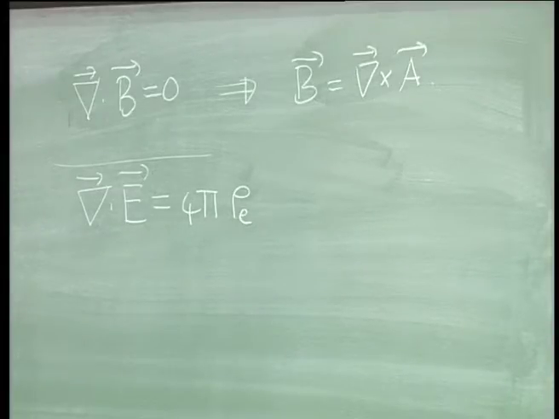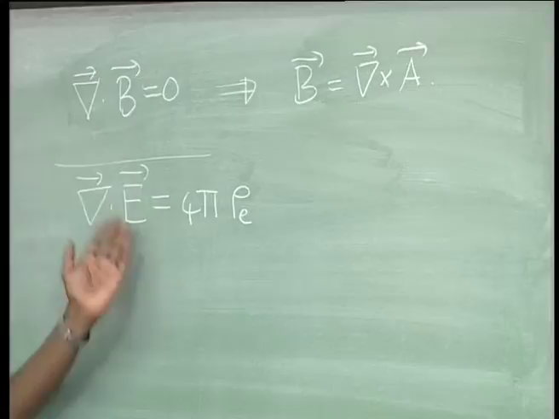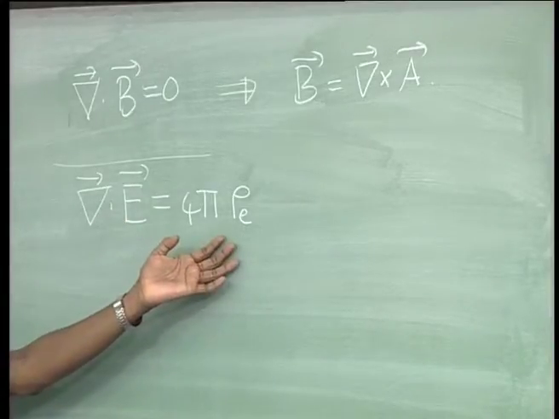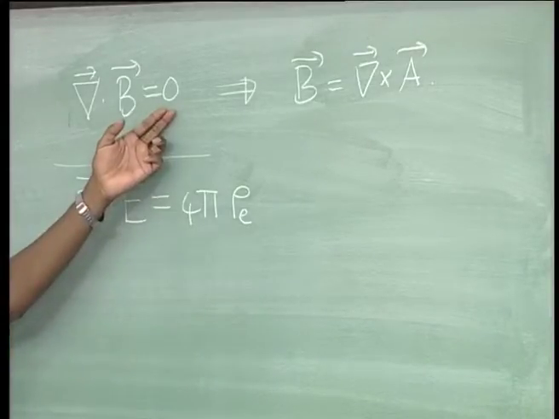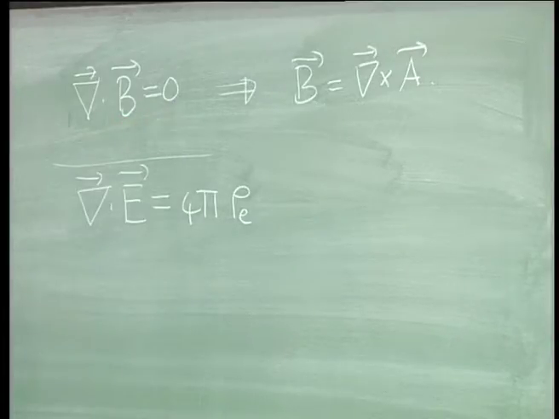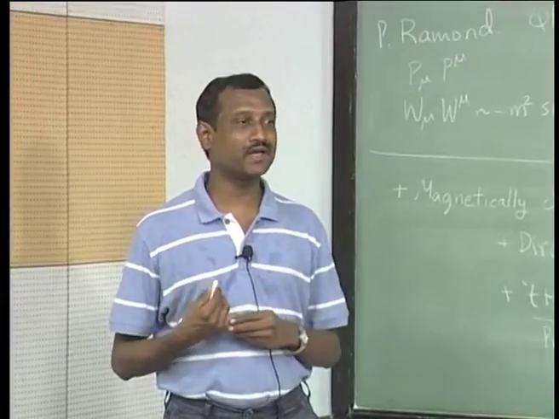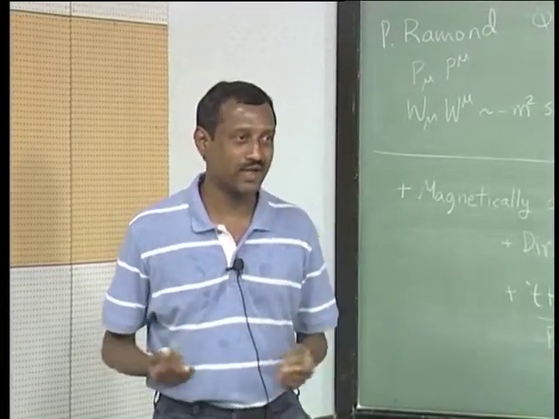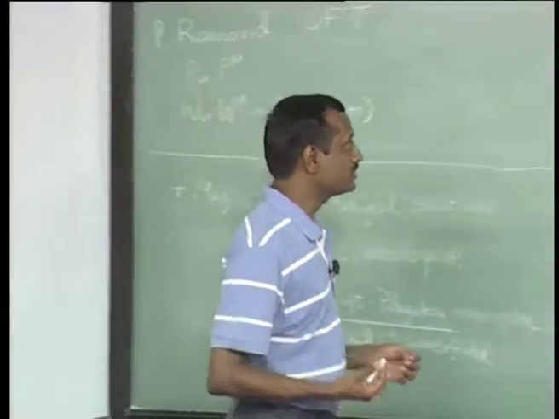So, the difference between these two is that there are sources of electric charge while there are no sources of magnetic charge. So, if somebody comes and asks you if there are magnetically charged objects, how would you modify Maxwell's equations?